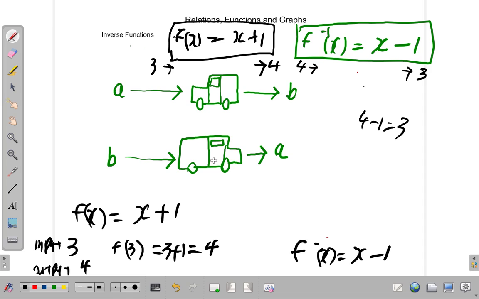It's facing the opposite direction. So I put in B and got out A. Good. So I have my function and its inverse. So that is just a little introduction to the inverse function. We'll do several examples later on in a different video.